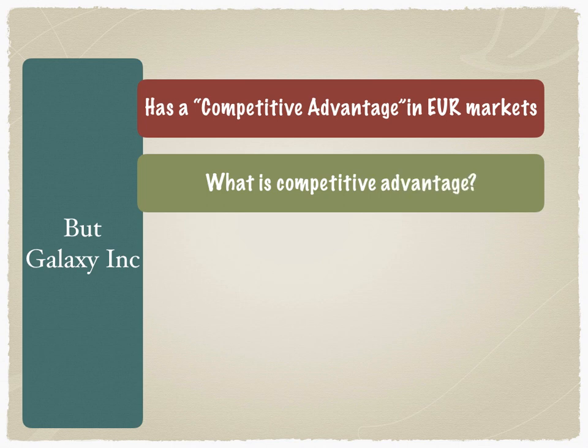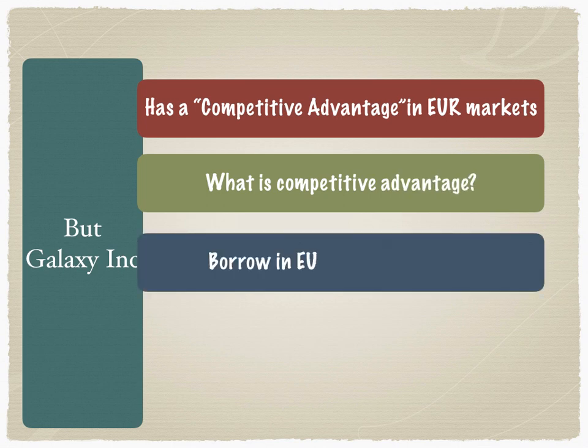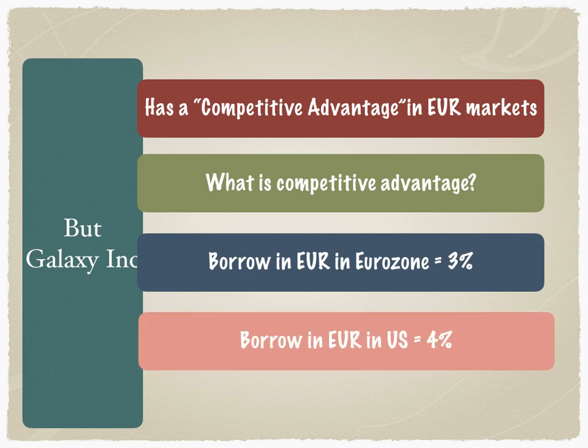If it borrows in EUR in the Eurozone, it's 3%. If it borrows in EUR in the US, it's 4%. So the competitive advantage is in borrowing EUR in the Eurozone.